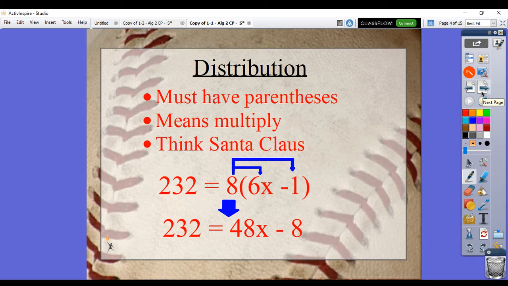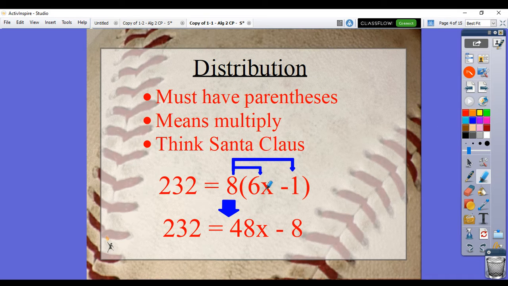So first, distribution or the distributive property. The distributive property mainly happens when there's a coefficient or an expression outside the parentheses. That means you have to multiply. Think Santa, sharing all the gifts with all the kids. Here it's the same thing.